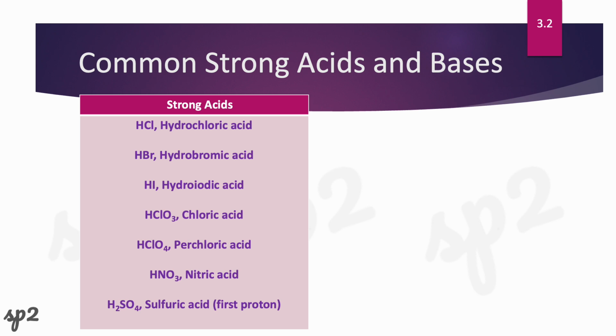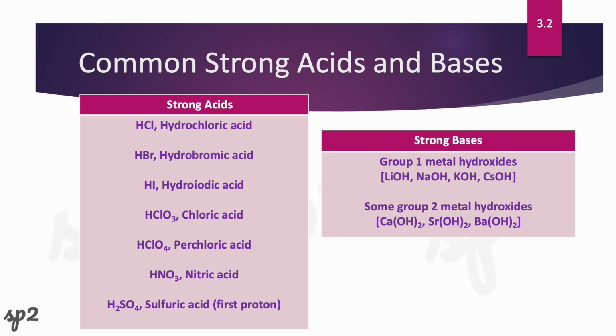Chloric acid, which is HClO3, perchloric acid, HClO4, nitric acid is HNO3. We also have sulfuric acid, and this acid has more than one proton. We'll talk about that in our future lectures, but for now, just consider only the first proton to be a strong acid, right? You only have complete dissociation for the first proton, not the second one.